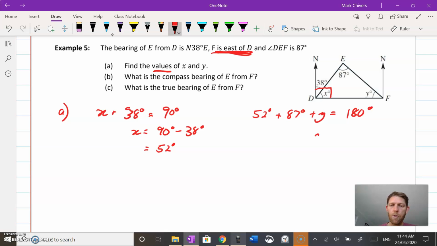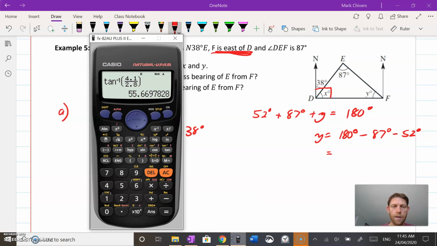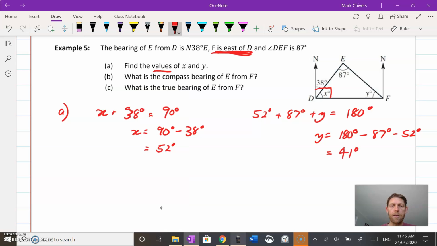So Y is going to equal 180 degrees minus 87 degrees minus 52 degrees, and we can plug that into our calculator. 180 minus 87 minus 52, and we end up with 41 degrees. So once again, not a bearing, it just asked us for an angle. We've found those angles now.